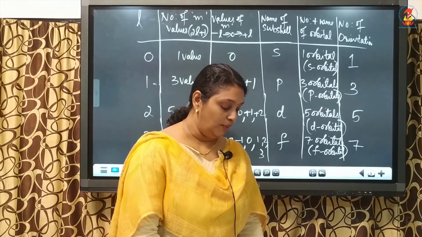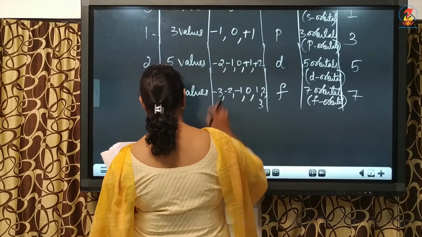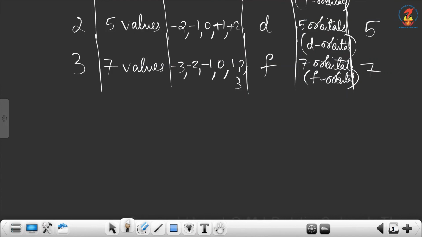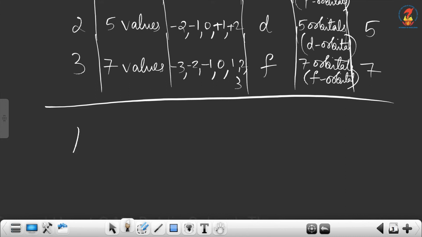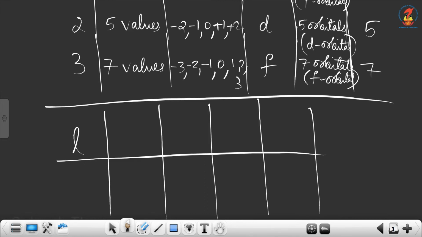Okay. Now, again I am going to write it with the help of L, subshell, and another table. I am going to draw L: 0, 1, 2, 3.